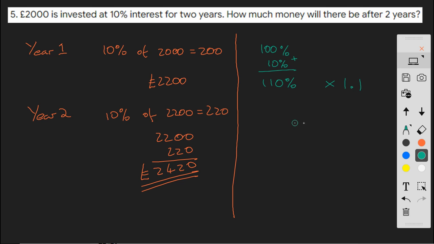And in year 2, we're also multiplying by 1.1. So we can find the answer to this by multiplying by 1.1 twice. So that's 2,000 times 1.1 squared, which again equals 2,420, which you can go away and check.